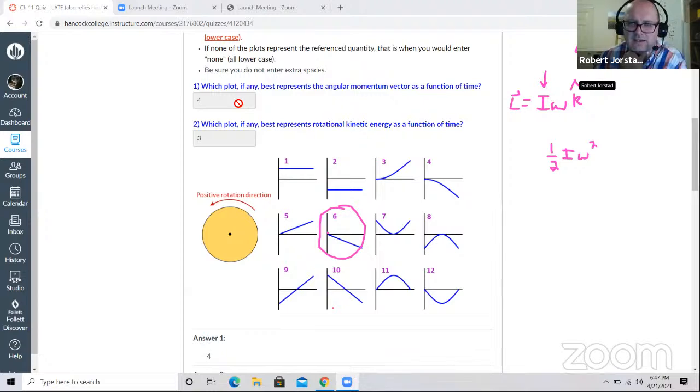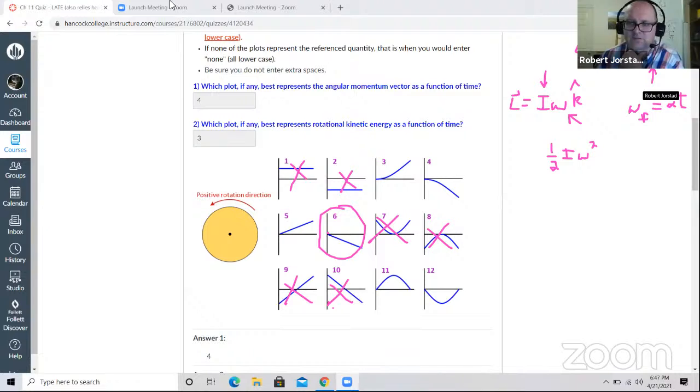And if I is a constant and omega starts at 0, we know it has to start at 0. So that immediately eliminates this one, and this one, and this one, and this one, and this one, and this one. So now we're down to these. And then the idea is, because it depends on omega linearly and alpha is a constant, I know that omega final equals alpha t, because omega initial is 0.